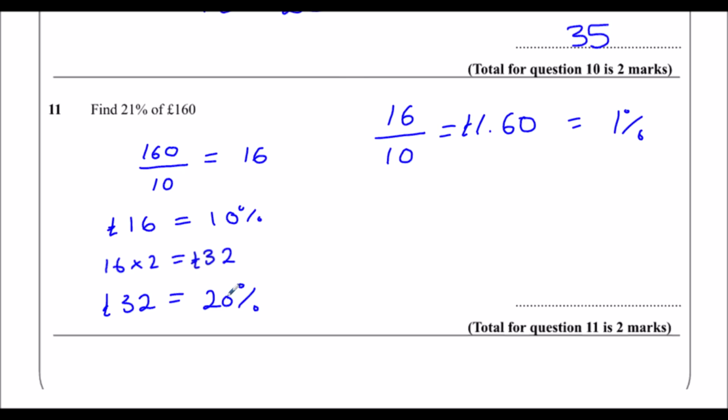So if we do 20% now, plus 1%, that's going to be £33.60. £32 plus £1.60 is £33.60.